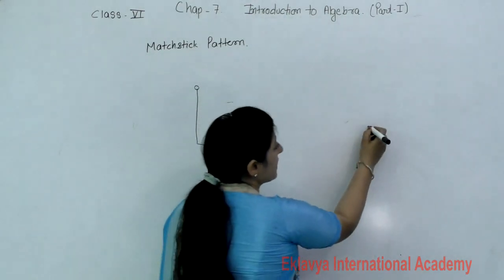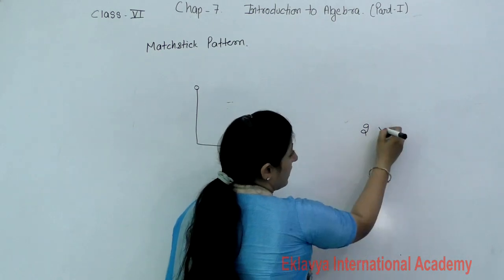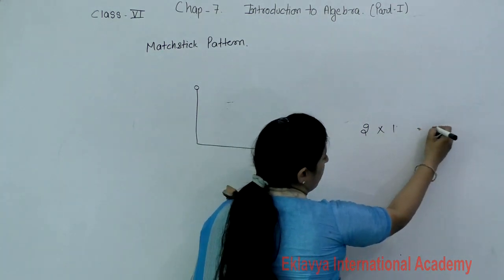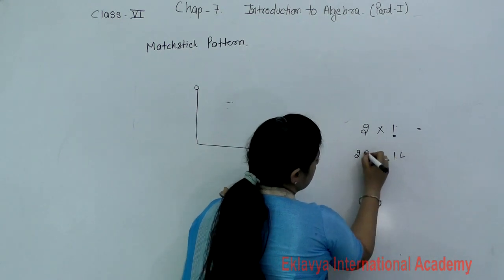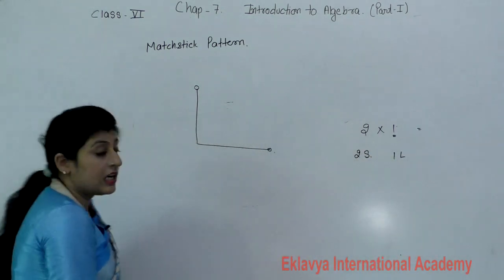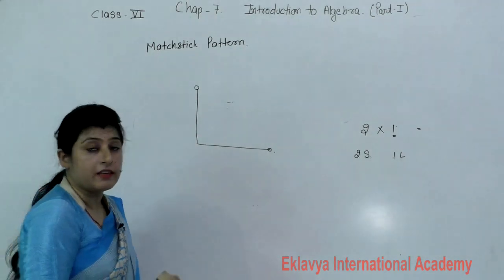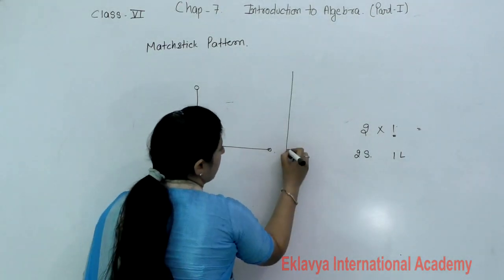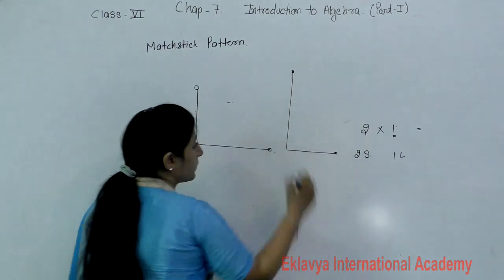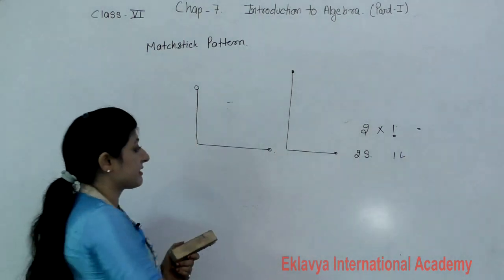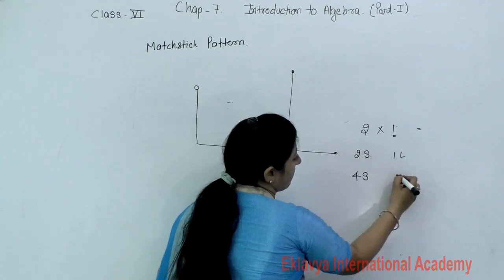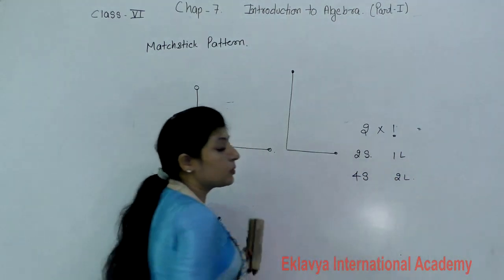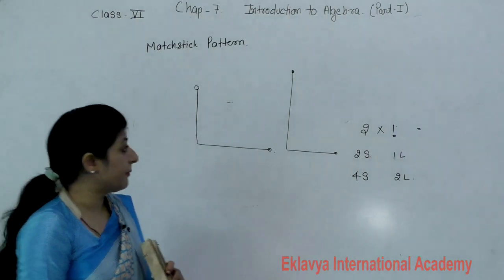When you use 2 sticks, then 1 L is formed. Now if we need 2 Ls, letter L twice, then how many matchsticks do we need? 2 and 2, 4. 4 sticks are required for 2 Ls.